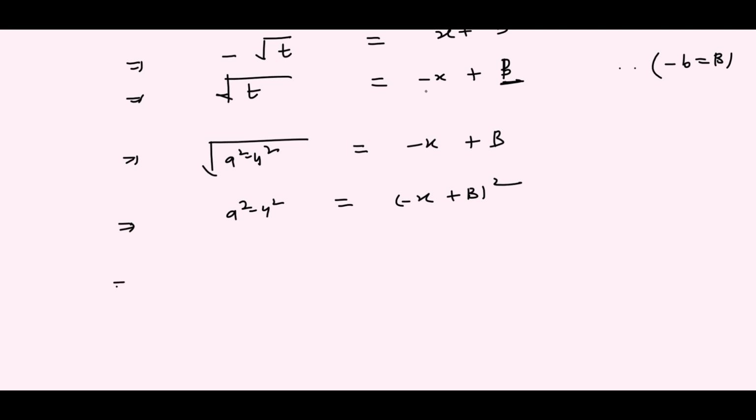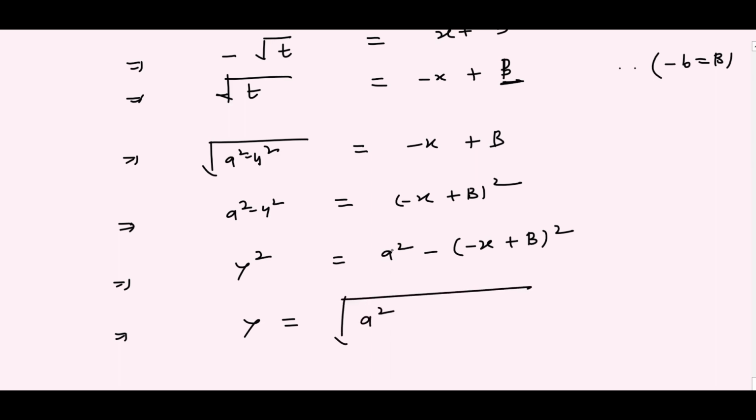So further we can write here, that is y square is equal to a square minus x plus B to whole square. And from here we can write value of y, that is square root of a square minus x plus B to whole square.